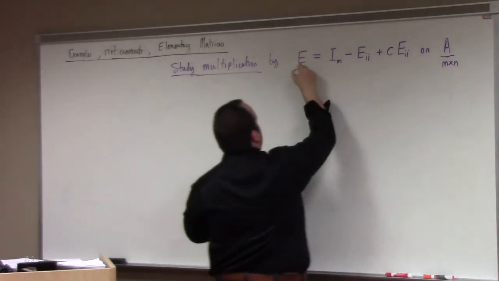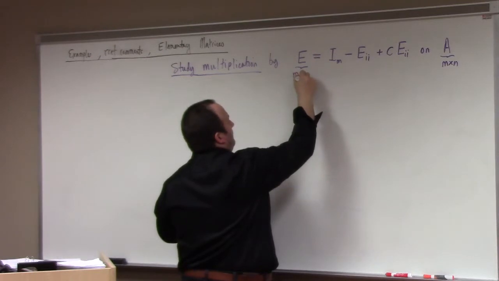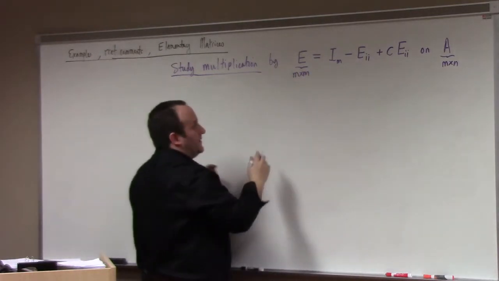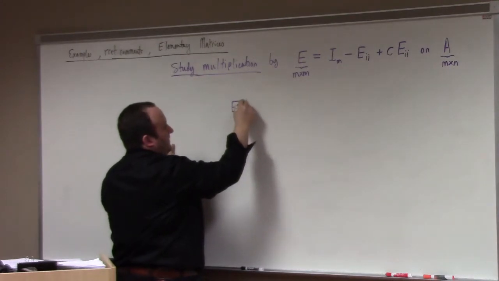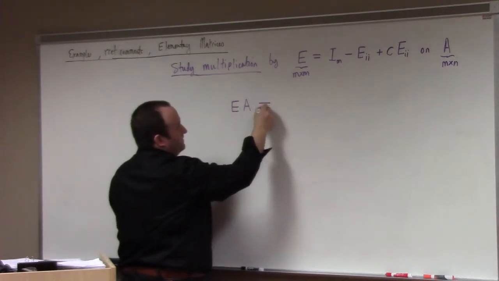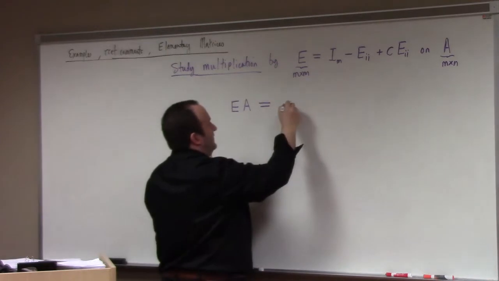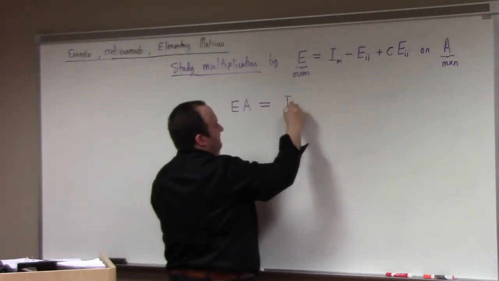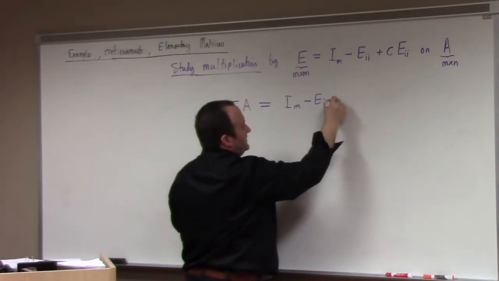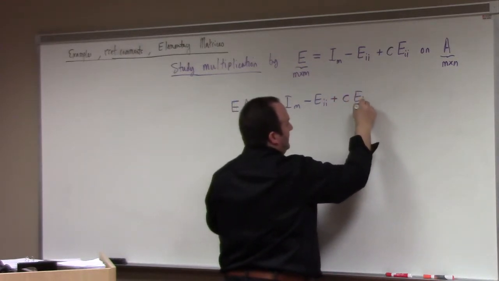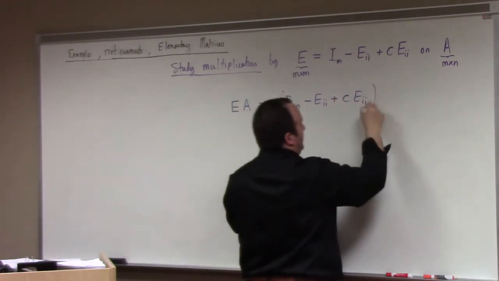So this thing is M by M. So we want to think about what does E times A equal? Right? So we've got, of course, I_M minus E_ii plus C times E_ii, all of that times A. What does this do?